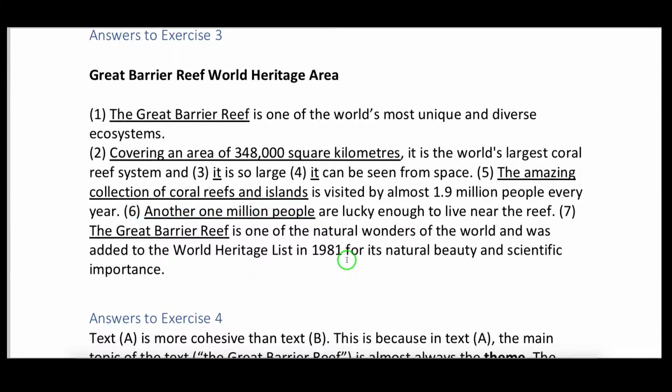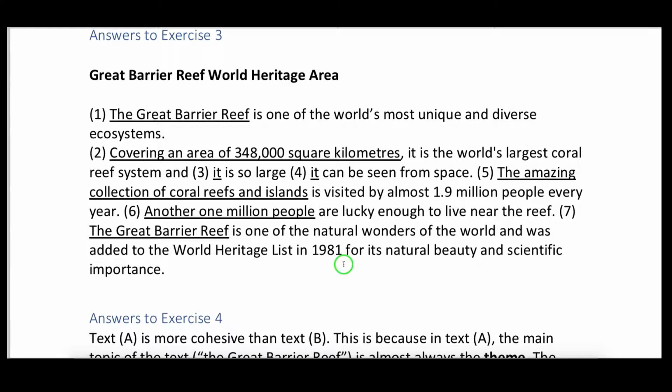So I've explained this a little bit. Actually, the textual function of grammar is my favorite function, but it's the most difficult to teach, especially in a kind of online course such as this one. I hope that you've understood my explanations.